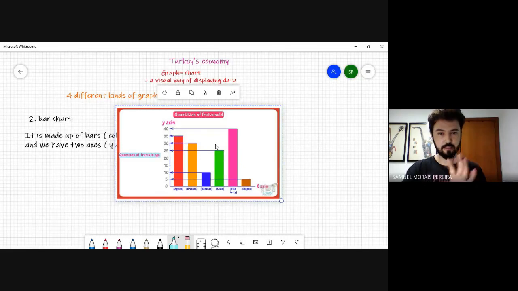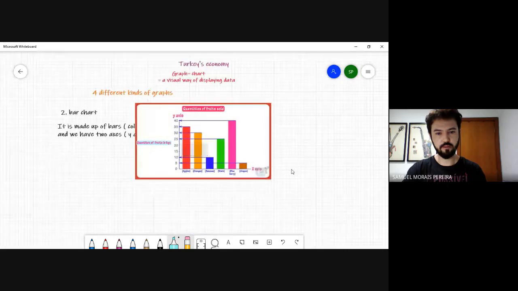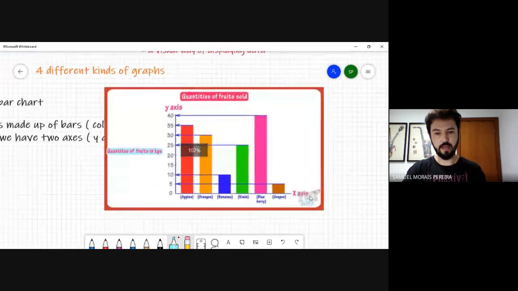Here, in this case, they are talking about the quantities of fruits sold on a specific period of time, okay? So you have here on the x-axis the names of the fruits, okay?